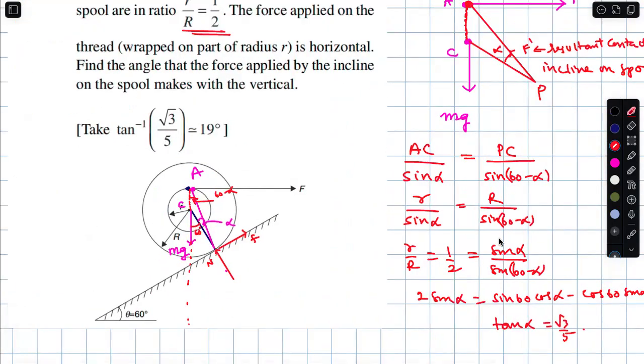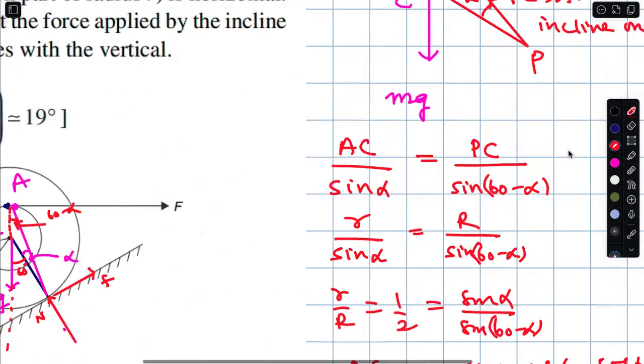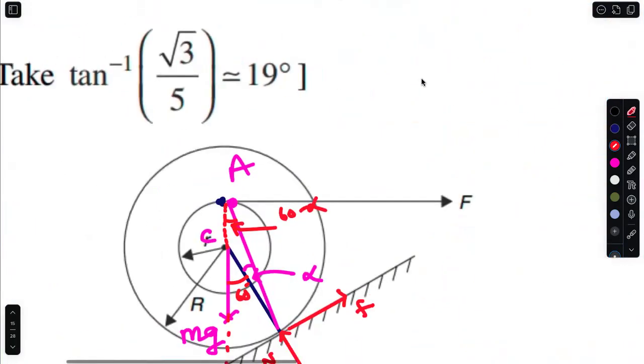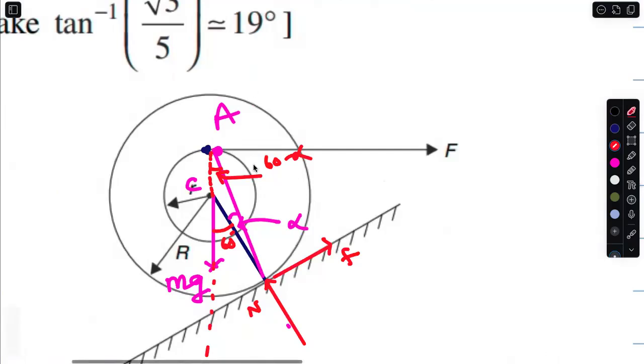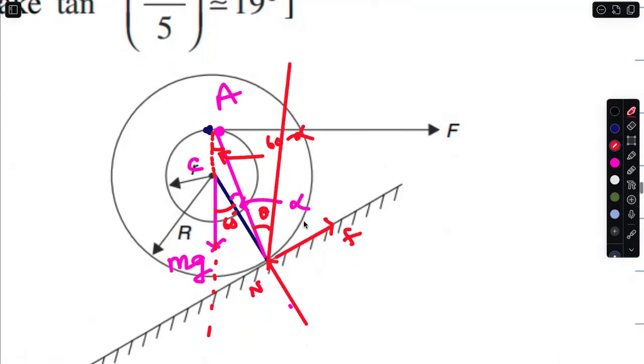Find the angle that the force applied by the inclined plane on the spool makes with the vertical. What angle are you expecting? You are expecting this angle, theta. Our total angle is 60.